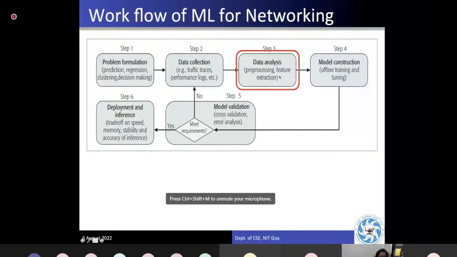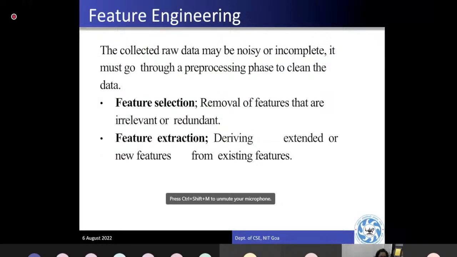Let's go into more detail. Feature selection means deciding which features are important or relevant and which are redundant and not required. Similarly, feature extraction derives new features from the existing features.